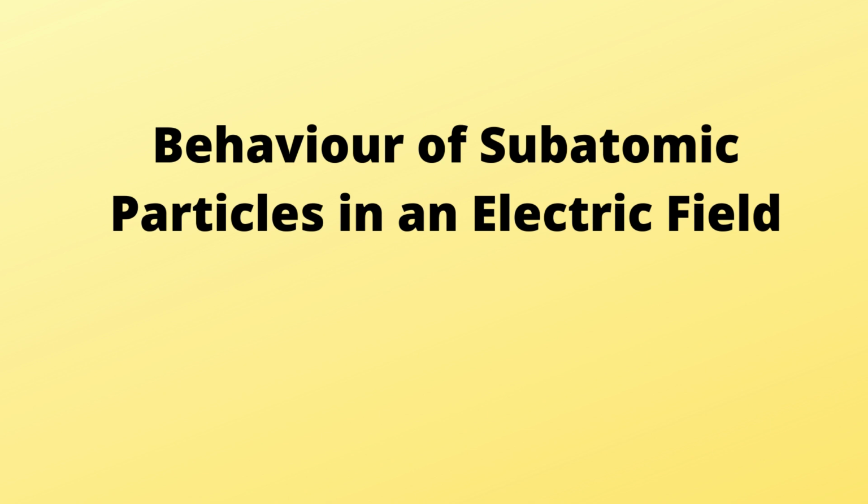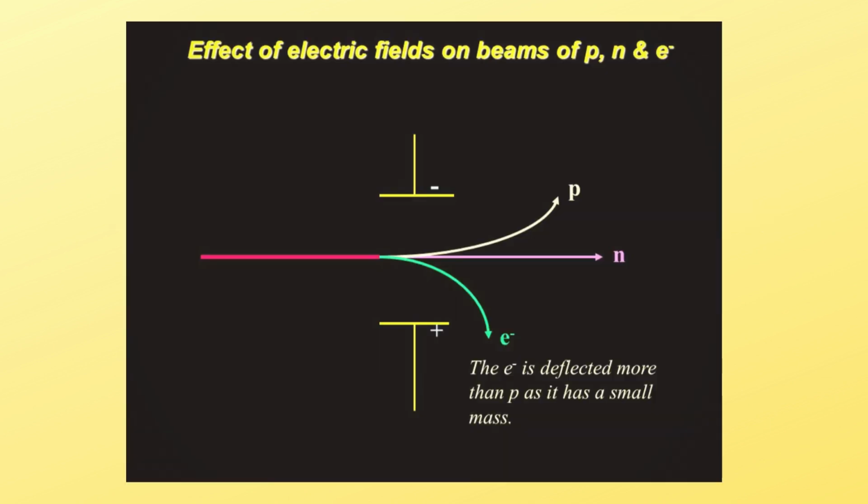Now we are going to see how the subatomic particles behave in an electric field. So this is a picture demonstrating the effect of electric fields on the beams of proton, neutron and electron. As you can see here, the electric field is shown as plus and minus charge, and the beams have been passed through this.